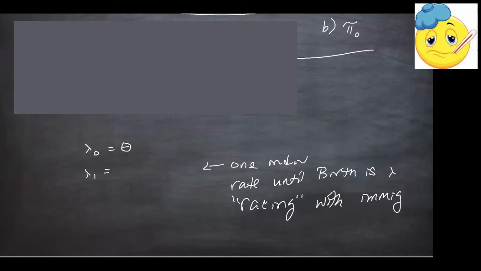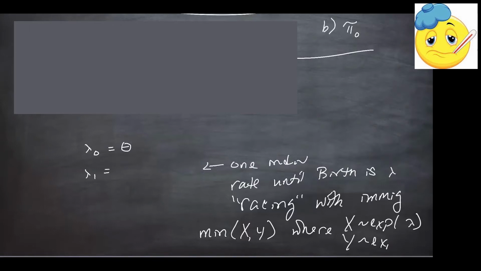So what happens next is the minimum of 2 exponentials. And so we're taking the minimum of an x and a y, where x is exponential with rate lambda and y is exponential with rate theta. And that's going to be the sum of those rates.